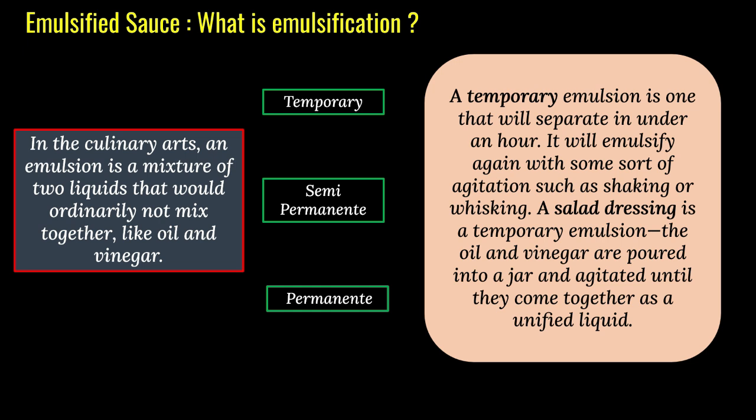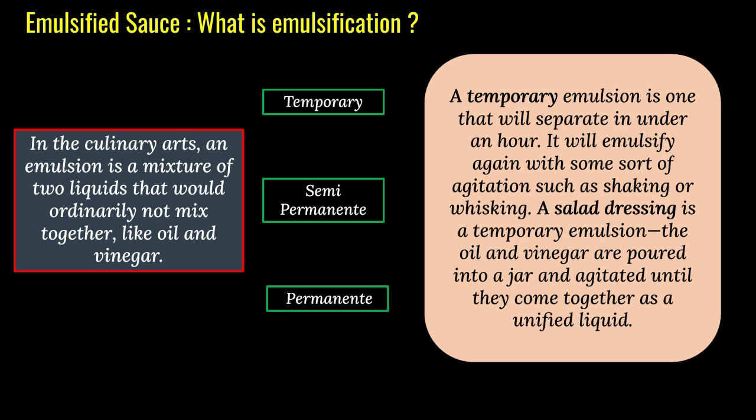Suppose you take two immiscible liquids in a bottle and shake it for some time, you'll see that they become a homogeneous mixture. If you keep the bottle standing still for some time, you will see that slowly these two liquids get separated. So this is the classic explanation of a temporary emulsion.